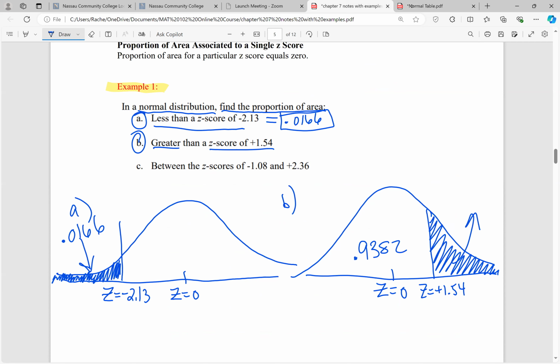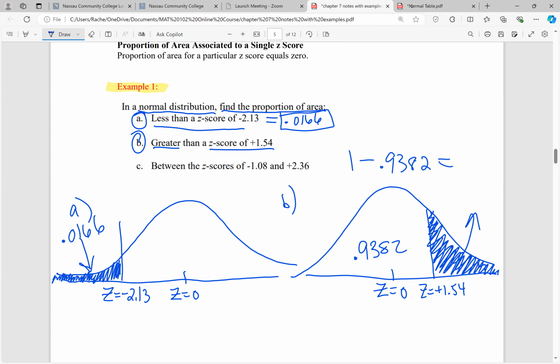But don't worry, it's not the end of the world, because remember one of those main properties that I keep stressing: the total area under the curve is equal to 1. So this shaded portion plus the non-shaded portion should add up to 1, right? So if I know the non-shaded portion, I could take that away from 1, and it's going to leave me with the shaded area.